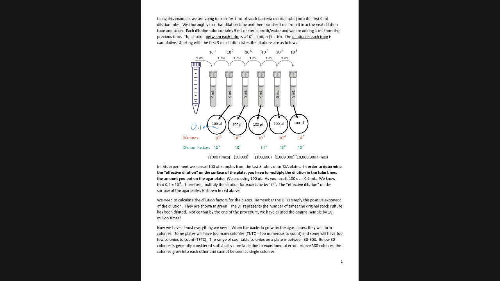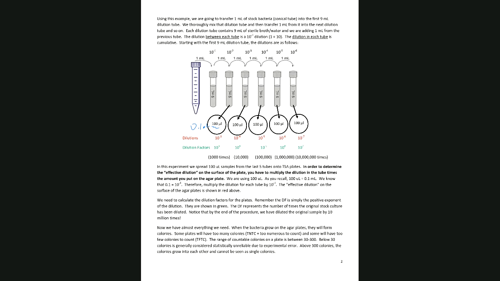Because 1 times anything is the same thing, and anything divided by 1 is the same thing. So if you use 1 ml, you don't have to worry about doing any further manipulation of your numbers. But if it's 0.1 or anything else, then you have to factor that into your calculation.